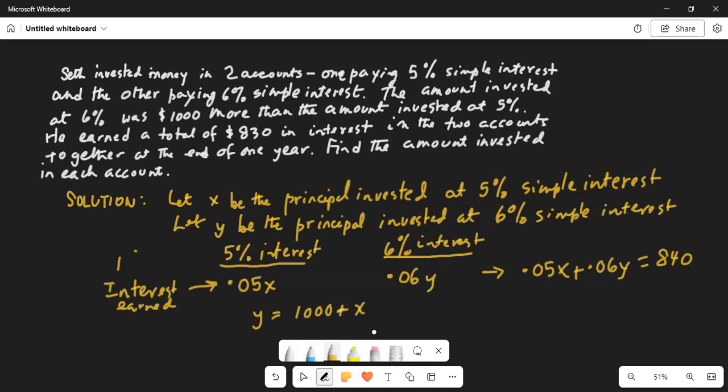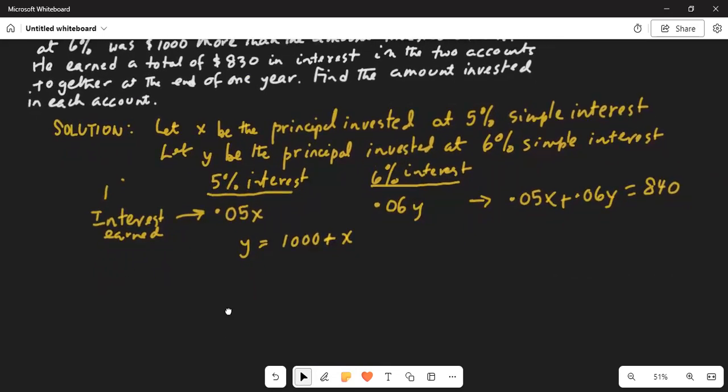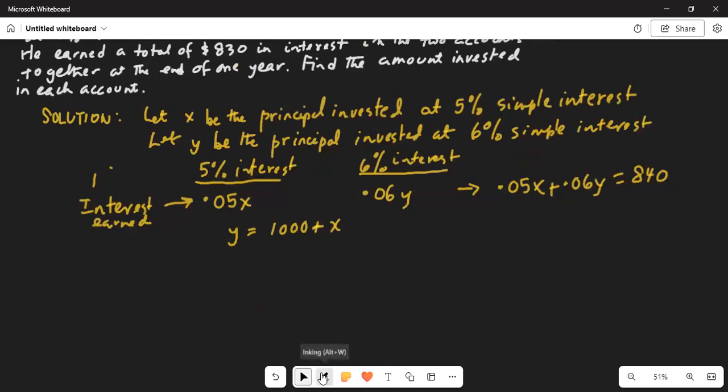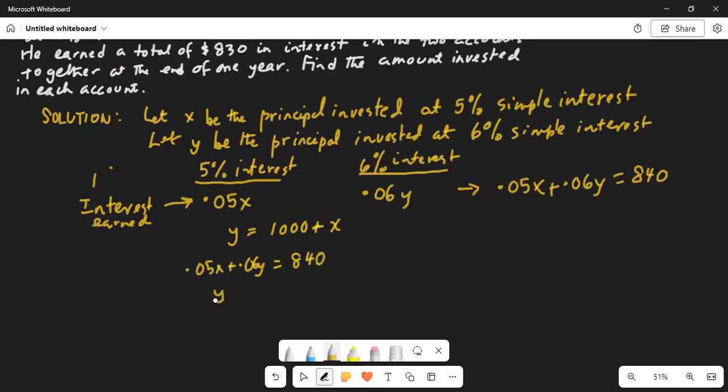So let me create some space here. Basically, I have two equations: 0.05X plus 0.06Y is equal to 840, and Y is equal to 1,000 plus X. This I can call equation 1, and this I will call equation 2.